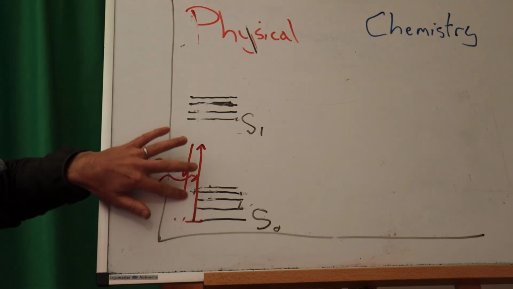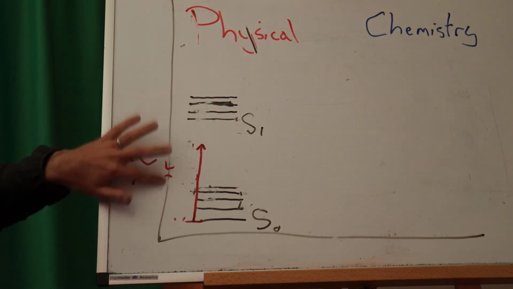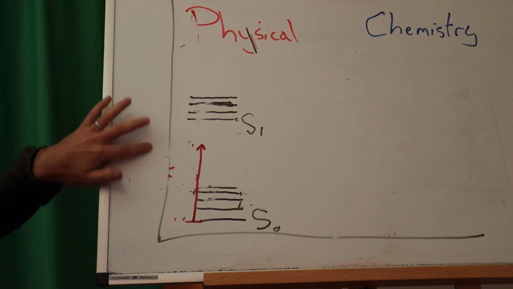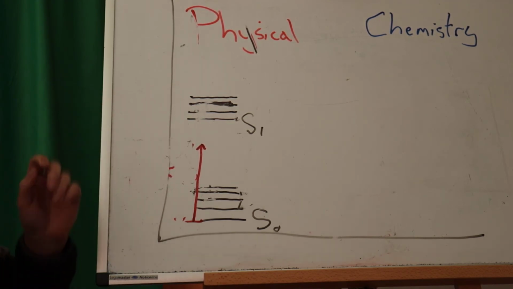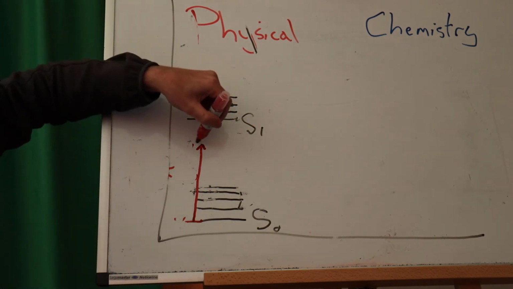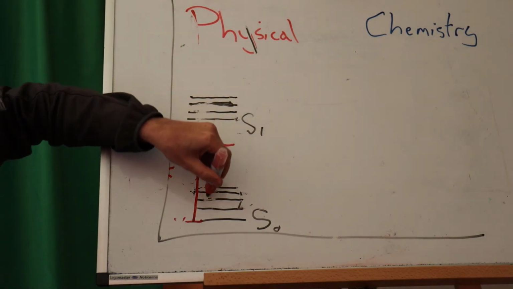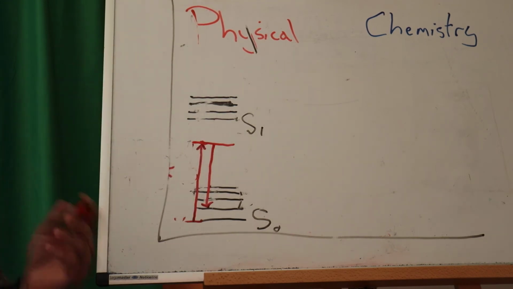However, in a very low proportion of cases, the molecule doesn't go back into the ground state. So we've excited it to here, and it drops back down into an excited state instead, a vibrationally excited state.